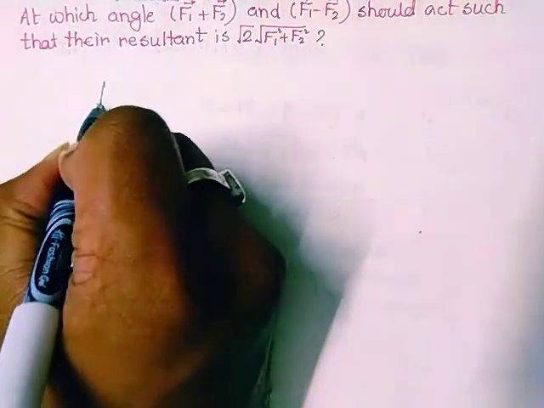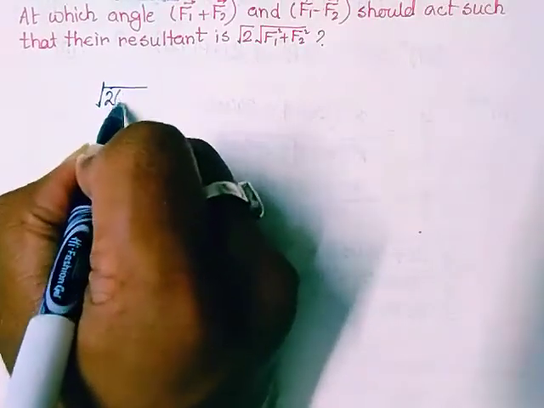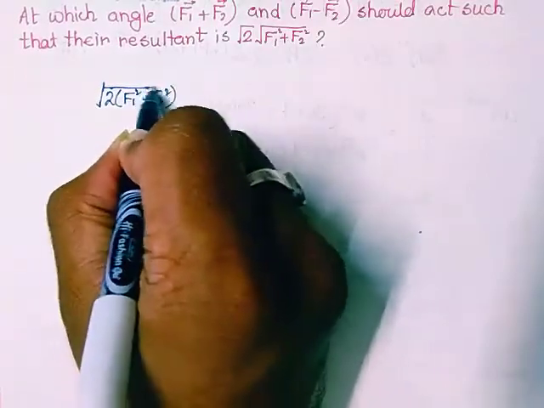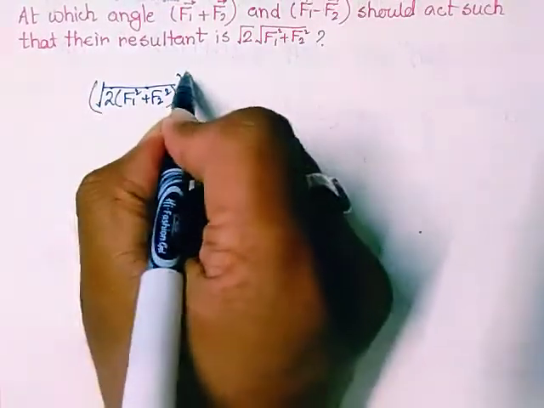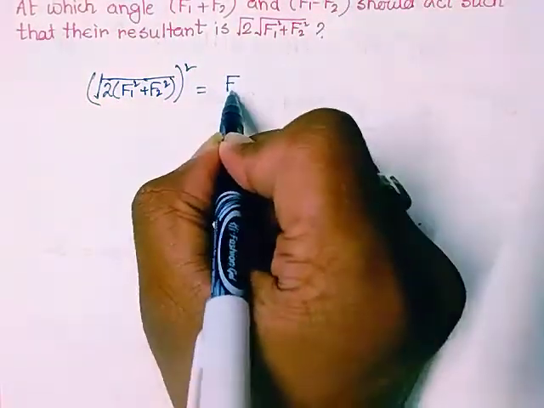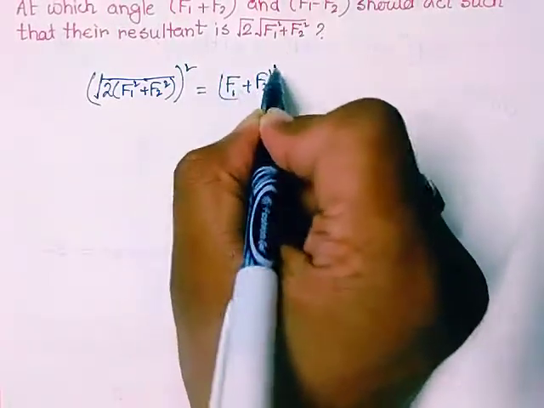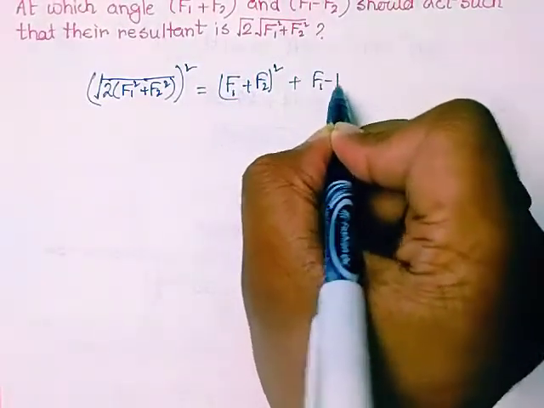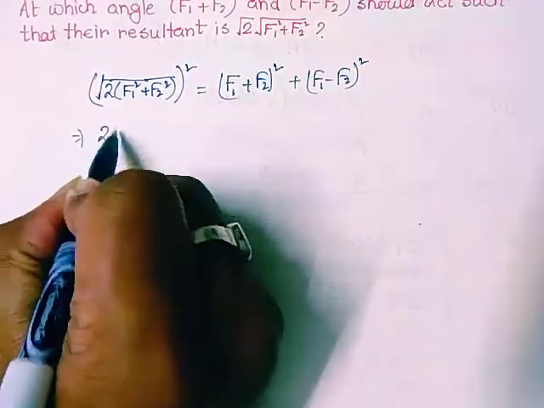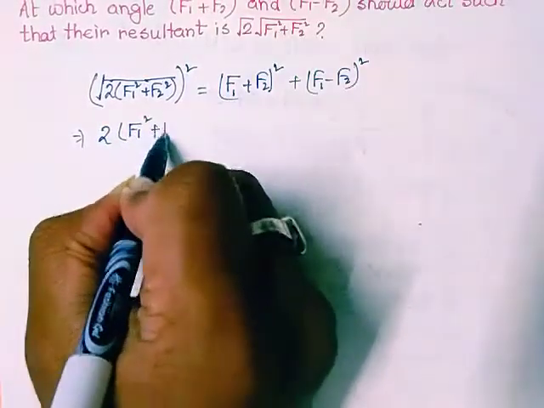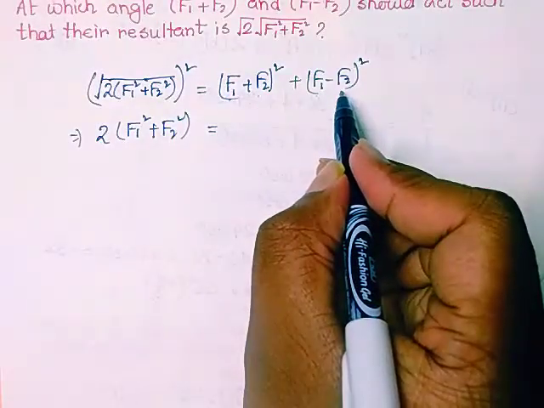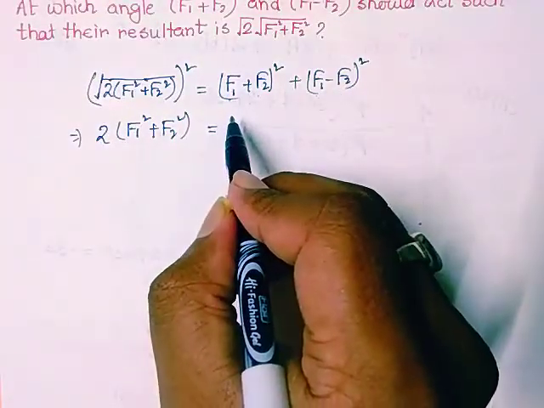So if I use this relation, the resultant square equals the two vectors' squares, that is f1 plus f2 whole square, taking the magnitude here, plus f1 minus f2 whole square. So it will be 2 into f1 square plus f2 square, here a plus b whole square plus a minus b whole square.